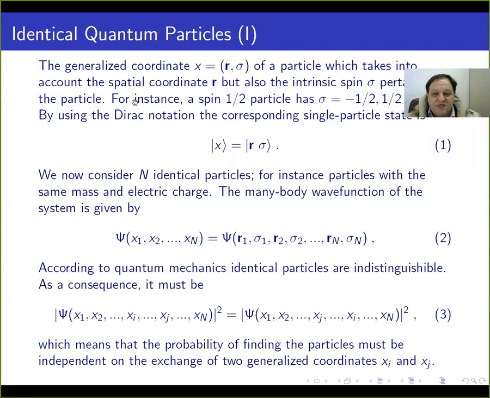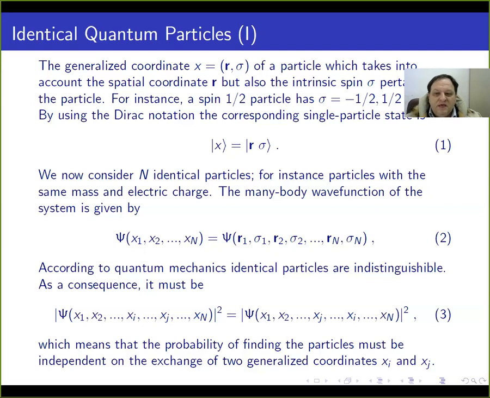So for simplicity, instead of using both vector r and sigma, we use a simplified symbol x, which corresponds to both space coordinate and intrinsic spin of the particle. For instance, for a spin 1/2 particle, this sigma corresponds to the third component, and so it can be -1/2 or +1/2, or if you want, up and down.